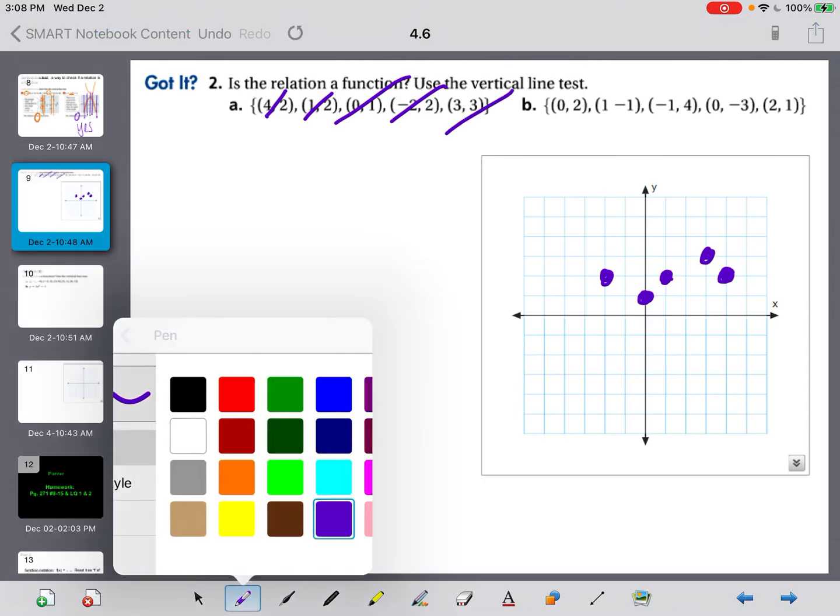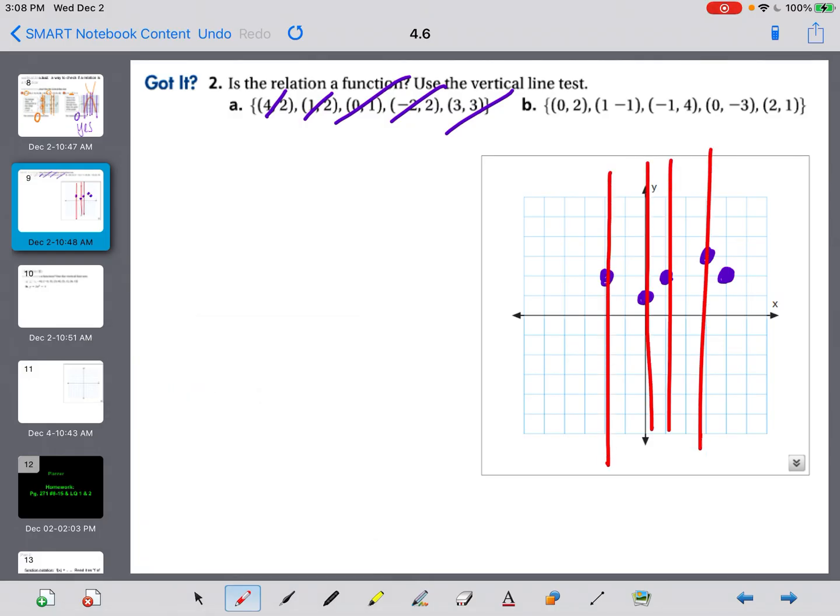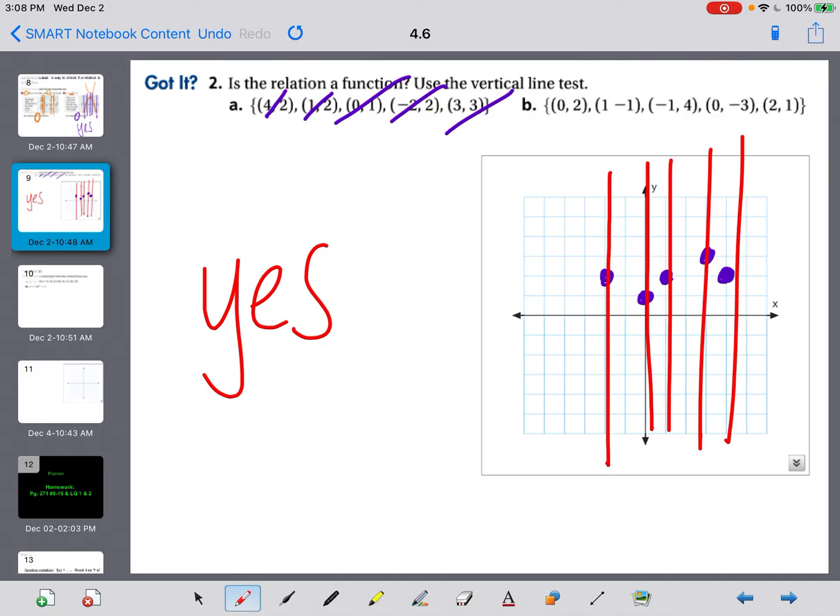Now I'm going to draw vertical lines through each point. That only touches 1, 1, 1, 1, 1. None of those touch more than 1 dot at a time, so yes, this one is a function. It passes the vertical line test. Why don't you give this one a shot and decide on your own.